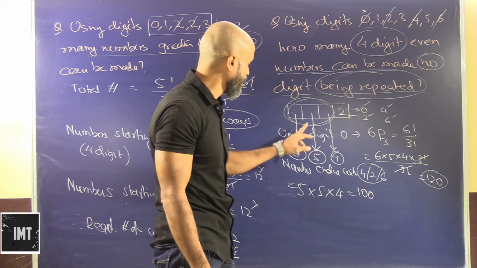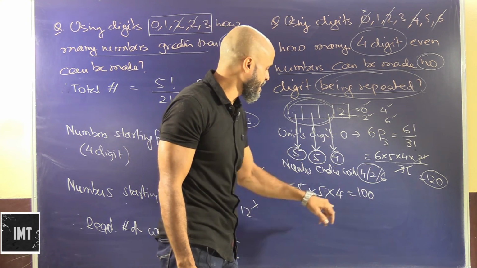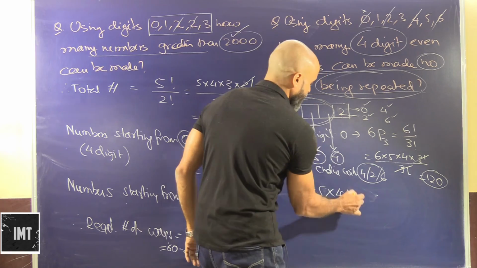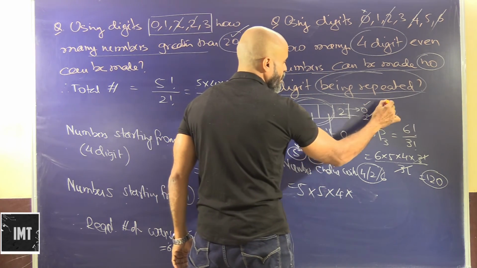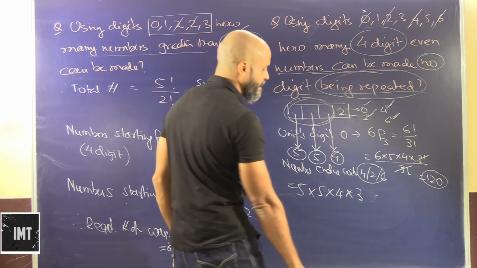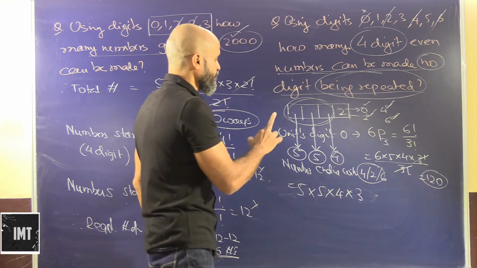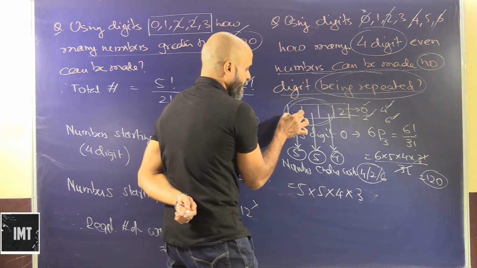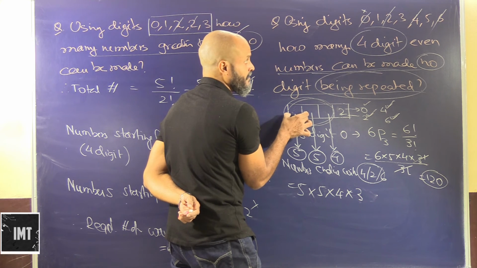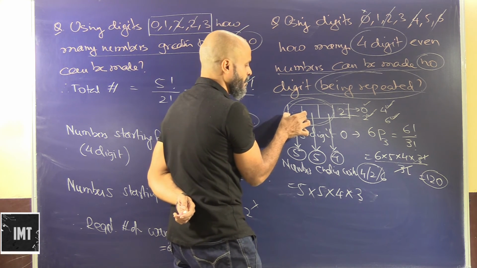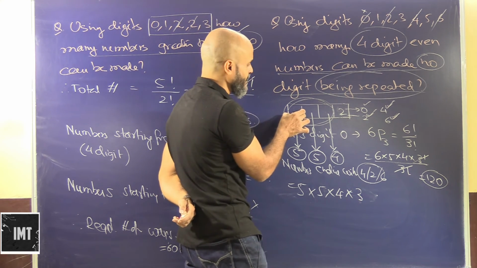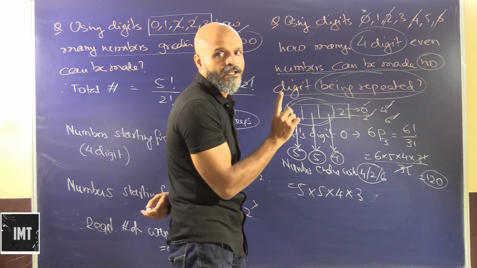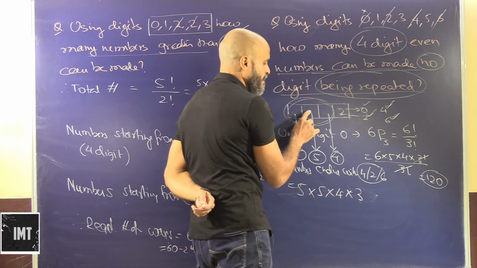With 2, 4 or 6 as the last number, the last place can be filled with either a 2 or a 4 or a 6, so this can be done in 3 ways. Let's look at it again. If I select 2, I can fill the first place by 5 digits, excluding 0. The next place can again be filled with 5 digits, because this time we include the 0.